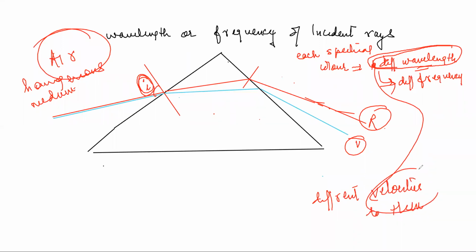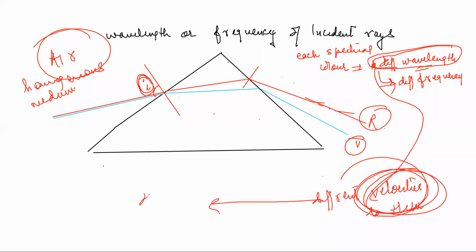Now, different velocity means different deviation. Light is deviated at separate angles of deviation.